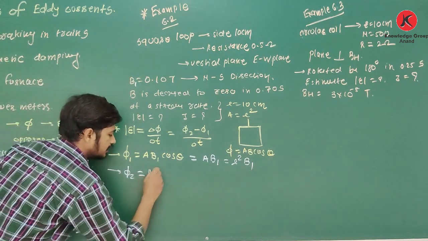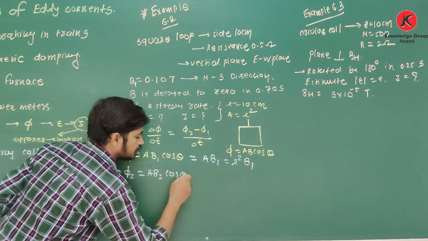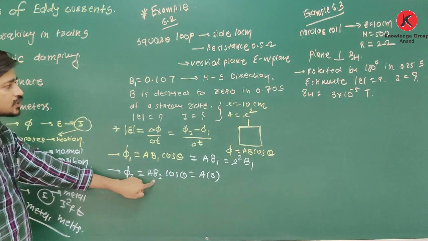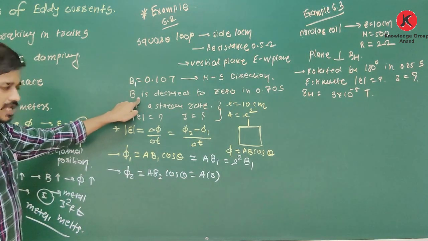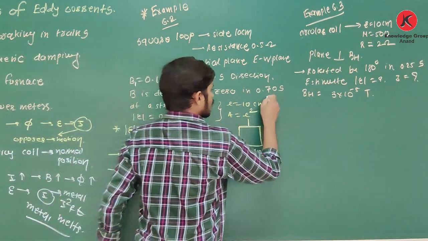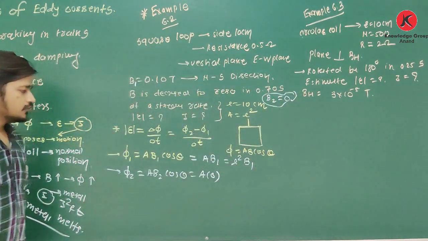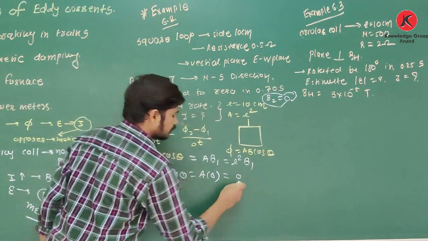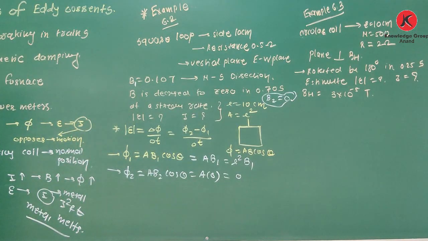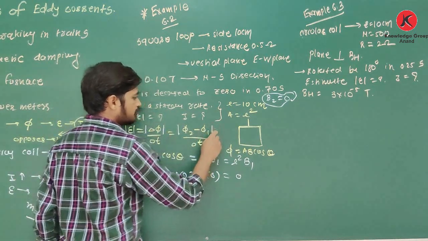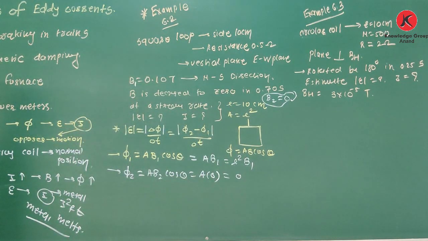So here it is A B2 cos theta, which is A times 0, because it reduces to 0, meaning the second magnetic field B2 is equal to 0. So yes, phi 2 becomes 0. Clear about this? As we have to find the magnitude of EMF, here we have to take its magnitude. So now it is simple.